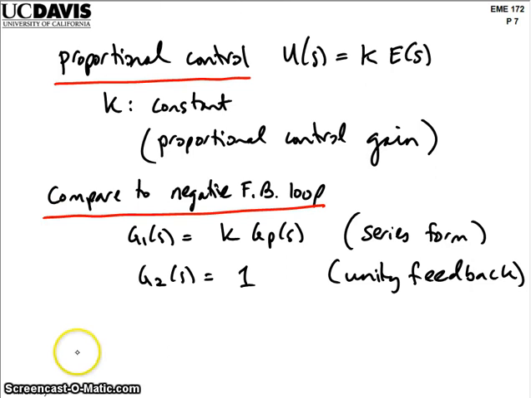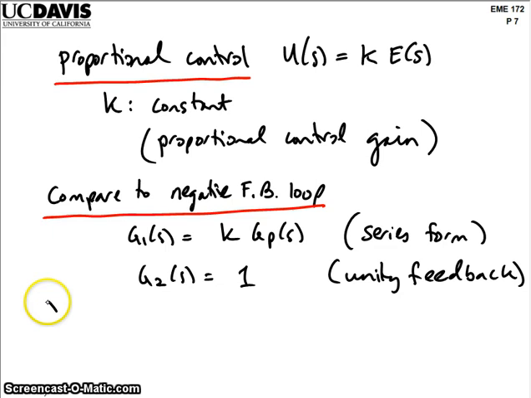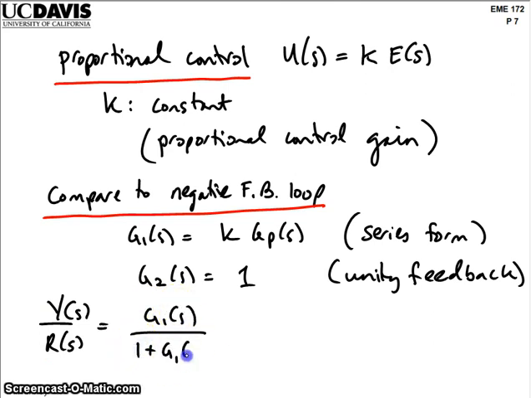And so I can look back at Y over R, this is the general form, G1 over 1 plus G1 G2. So I'll write that out. Y over R is equal to G1 over 1 plus G1 G2.